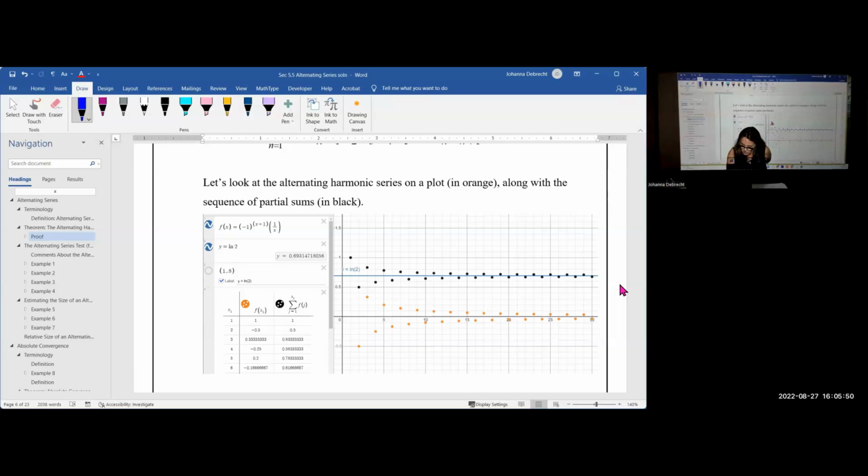So this right here, of course, is S1, and this is S2, and this is S3, and this is S4, this is S5, and this is S6. So you can see that the odd ones are decreasing, bounded below by 0, and the even ones are increasing, bounded above by 1. And in fact, they are converging together to the natural log of 2 when written in that format.